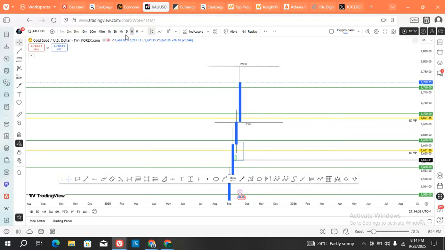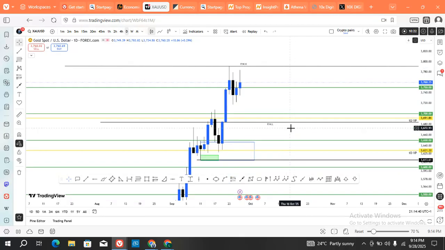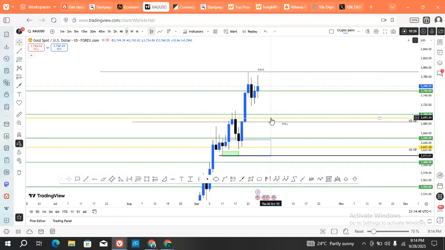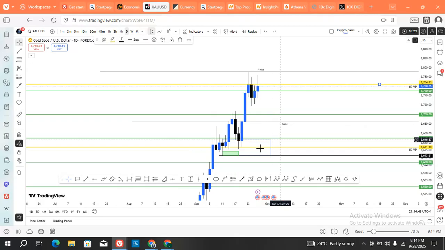Then we visit the daily time frame to update the daily demand and supply. This is a daily supply zone I see over here, and this is a daily demand zone I see over here.